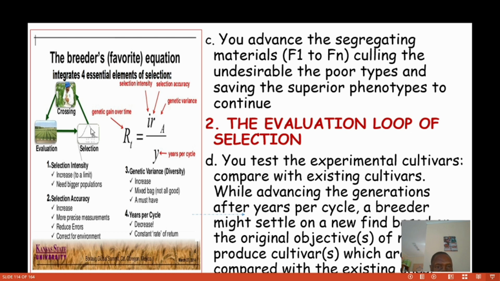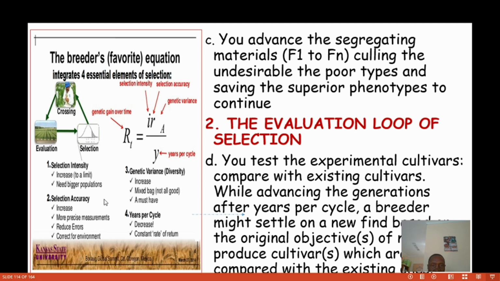After selecting, you also cross. You keep on doing this. This is a typical aspect of selective breeding. So the evaluation in the loop is what you can see as going on. And as I said before, this is where the evaluation is very important in each case of the two important activities, crossing and selection. Crossing and selection.